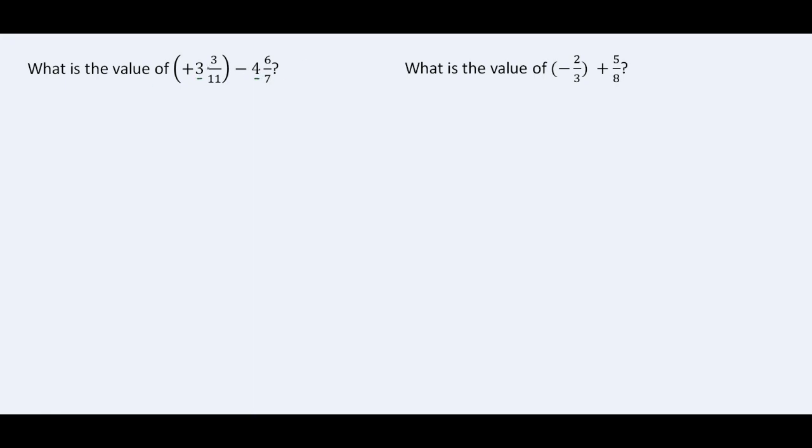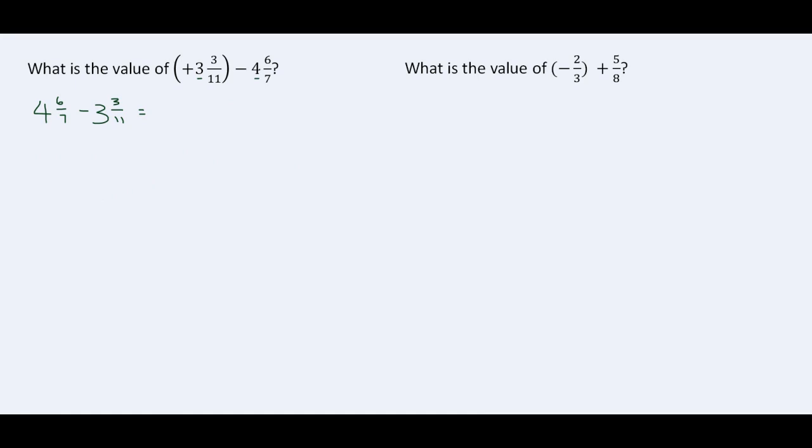So it's going to be a larger fraction. So what we're going to do is we're going to first have 4 and 4/7 minus 3 and 3/11. So this is going to give us our least common multiple, 7 and 11, because they are prime numbers. You just multiply them together.